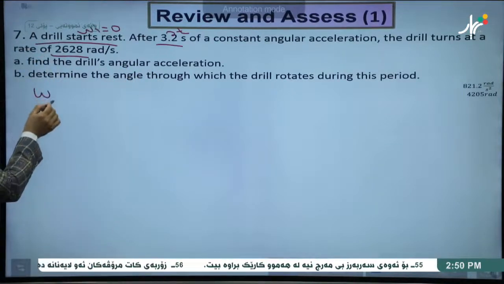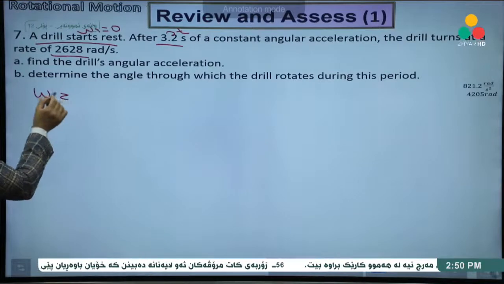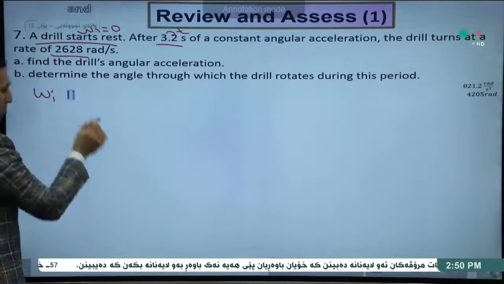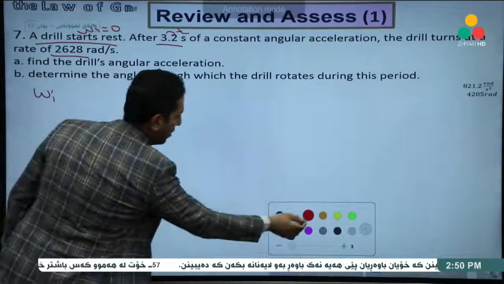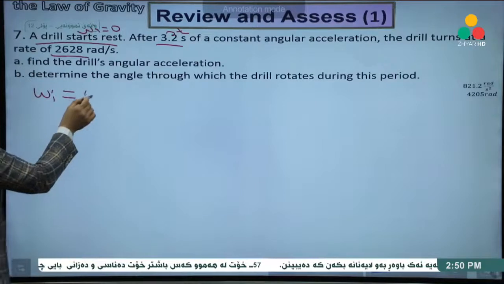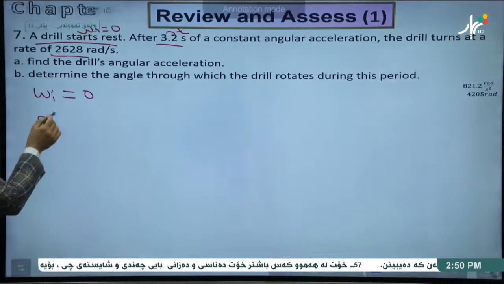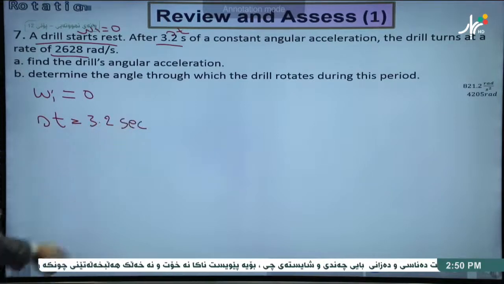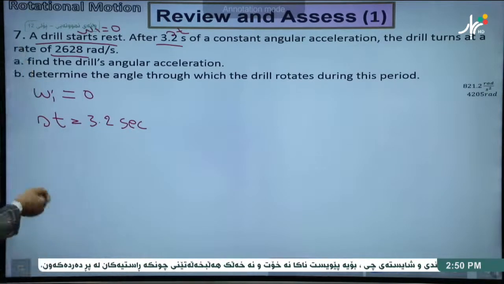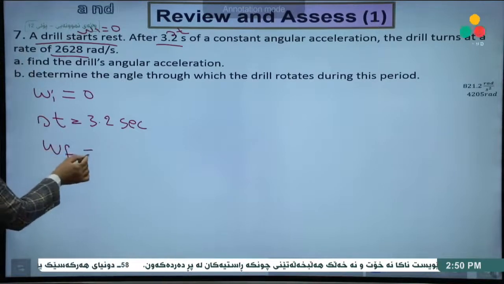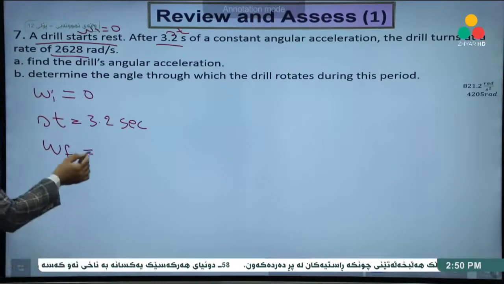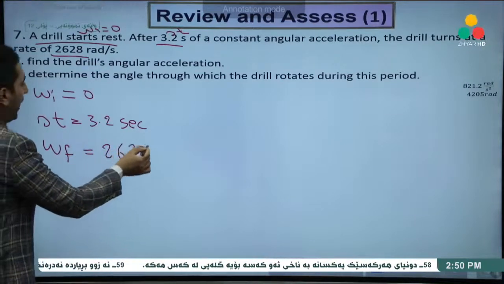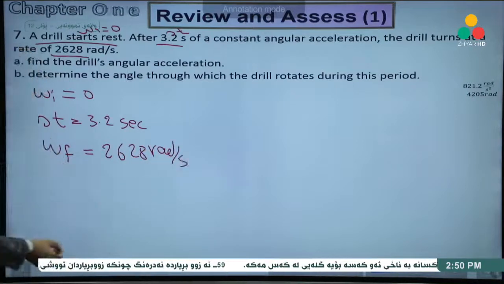We have omega initial equal to 0, and the time is equal to 3.2 seconds. We have the final angular speed equal to 2,628 rad per second.